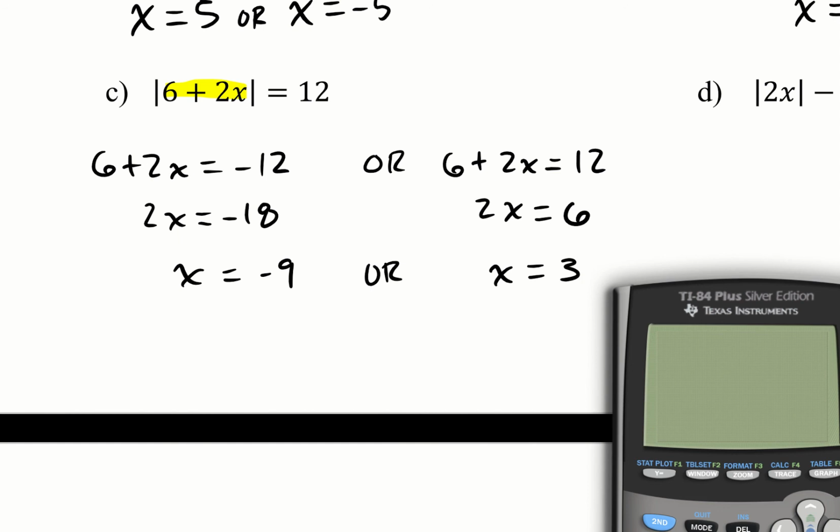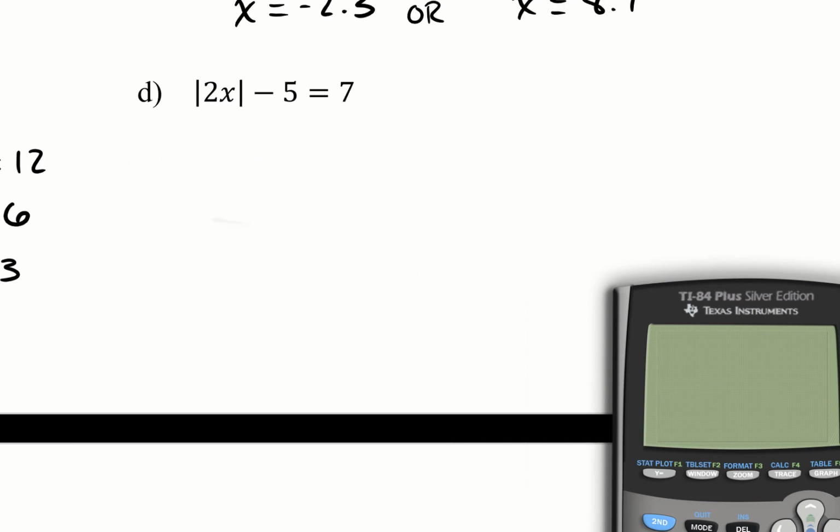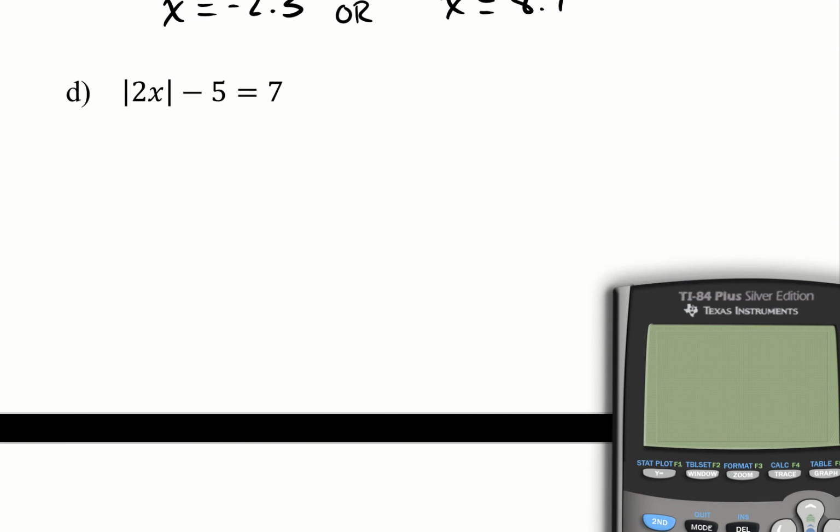Negative 9 or 3 are both valid substitutions for the original equation. And then finally, D. The first thing I need to do here is make sure I get the absolute value isolated. So I'm going to add 5 to each side of this equation, and I get the absolute value of 2x is equal to the number 12.